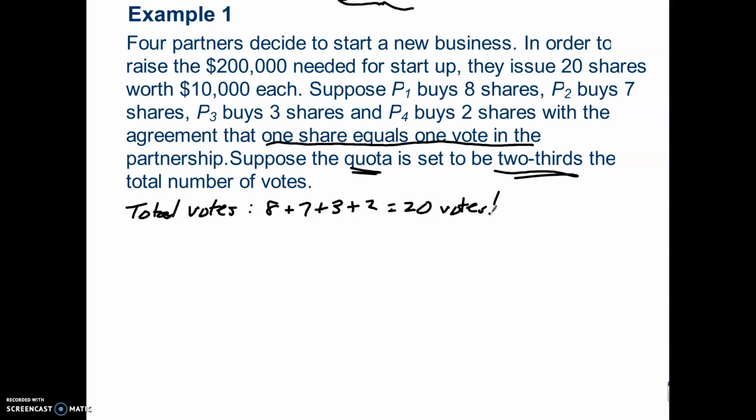Okay, now we've got to figure out our quota. The quota, we're told, is defined as 2/3 the total votes, and the total votes is 20. So the quota is 2/3 of 20. When we multiply this out, we get 40 over 3, and that is 13.3 for a quota.